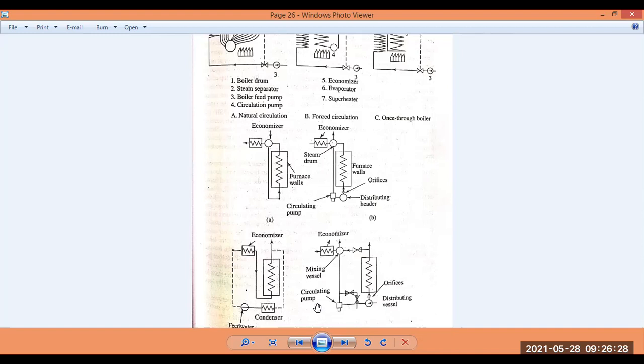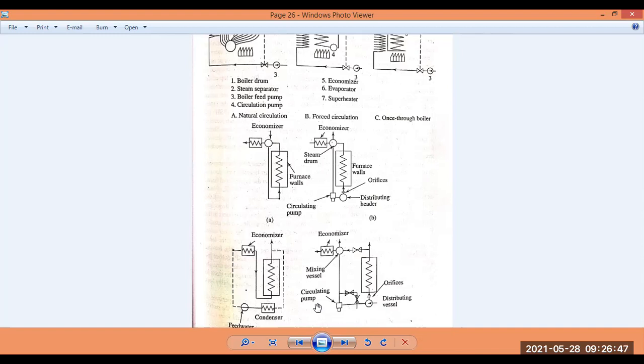Steam is now separated from the boiling water. Now it goes to the drum, where it is separated from the boiling water, and goes to the convective or primary superheater, where heat is absorbed by the convective method.